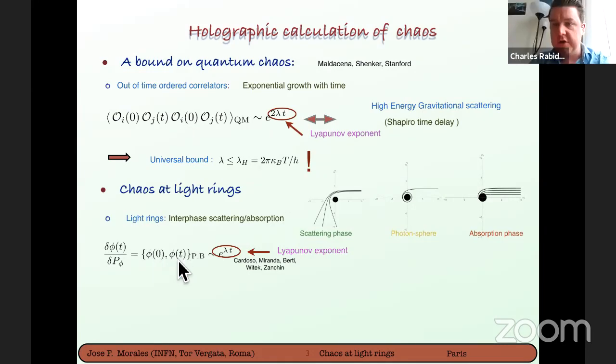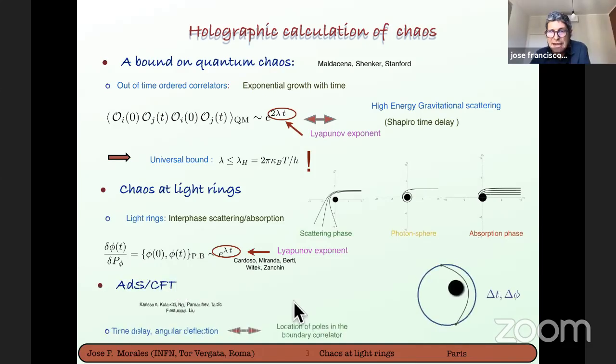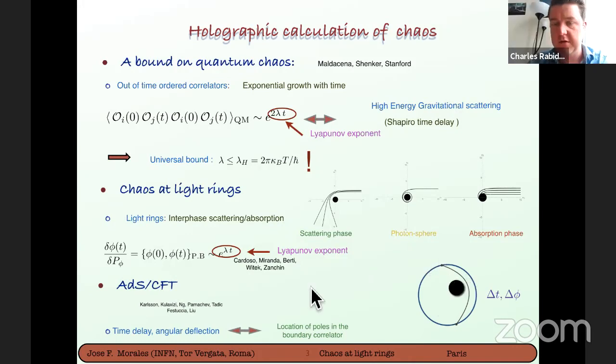But sorry, the comment was just that the operators in the bound on chaos are in the CFT in the dual theory, whereas the operators you're talking about are in the bulk theory, right? Yes. You can imagine this picture here. You have a scattering in AdS, and you consider geodesics that pass close to the photosphere, and you ask what happens to this time-delayed angular deflection. You see, this is the correlator.